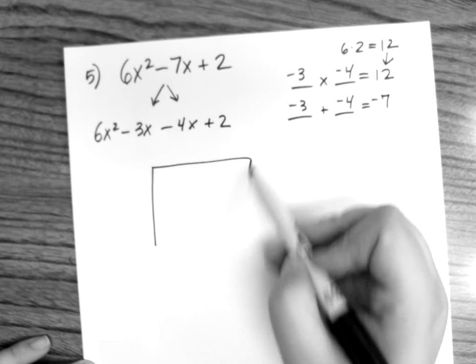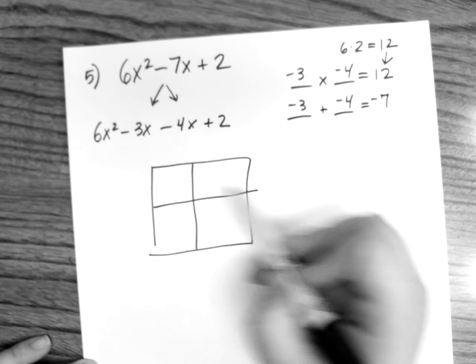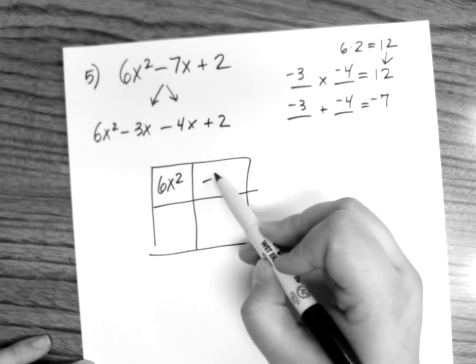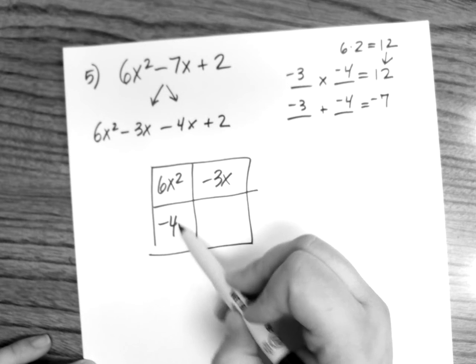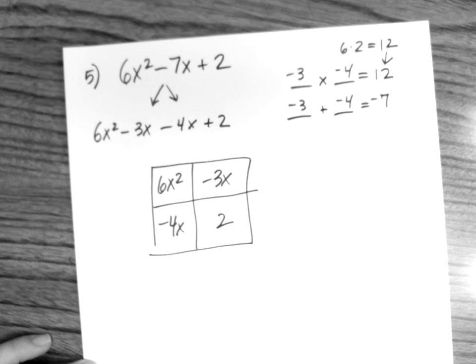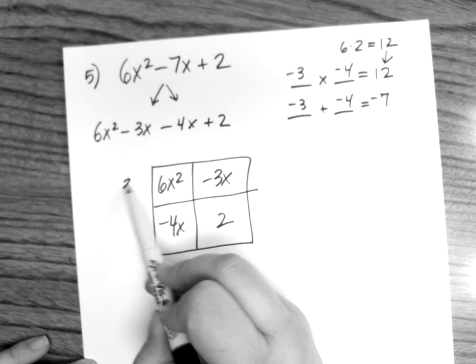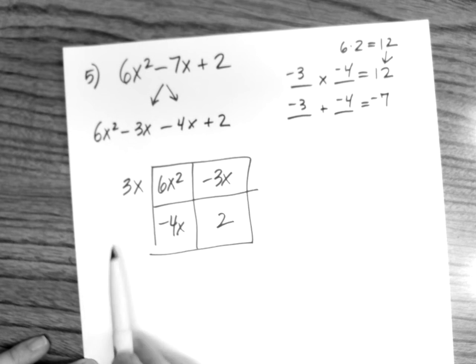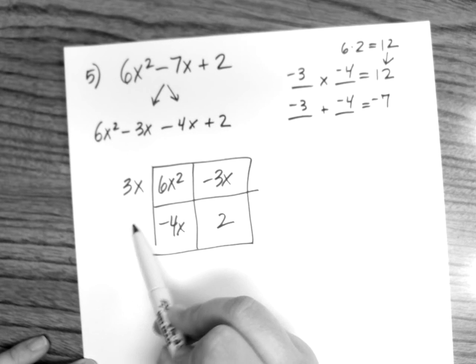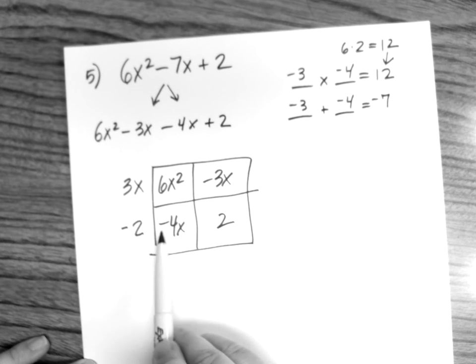Now I have 4 terms to put in 4 boxes. Greatest common factor of the first row is 3x. Greatest common factor of the second row is 2, but I'm going to make it a negative 2 because if there's a negative in the box closest to where you are writing, you take it with you.